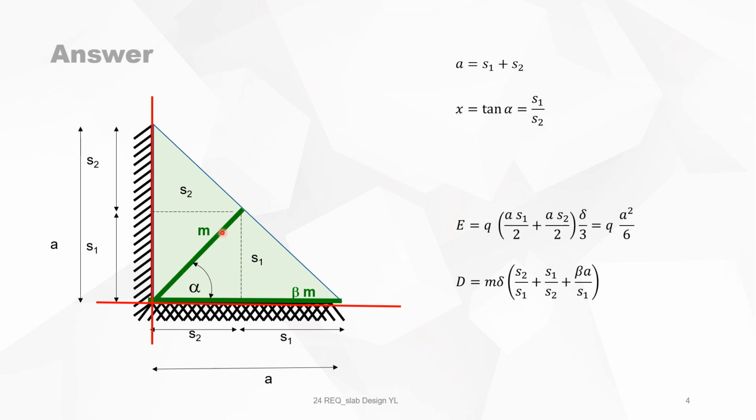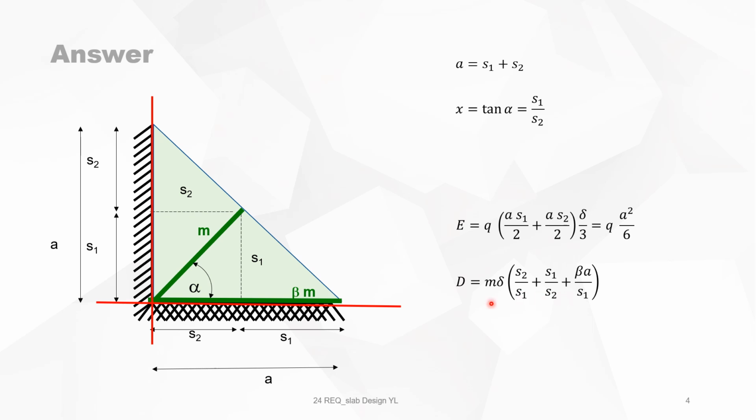The same happens with this yield line projected to this axis of rotation. It gives you this. And then the negative bending moment is beta m projected to this axis of rotation, so it's beta m times A, and the angle of rotation is delta over S1.